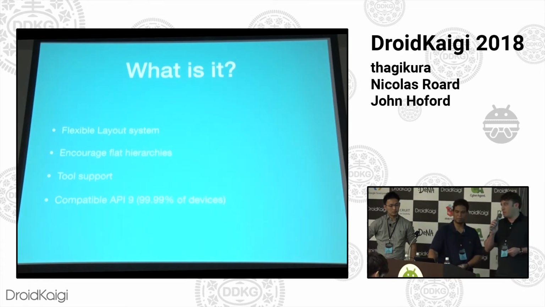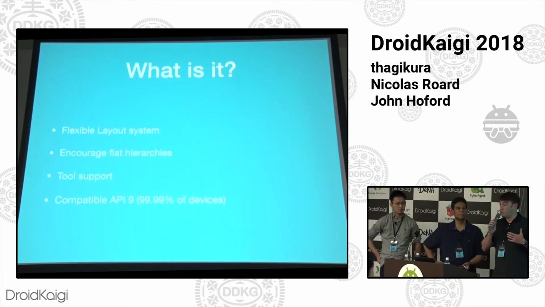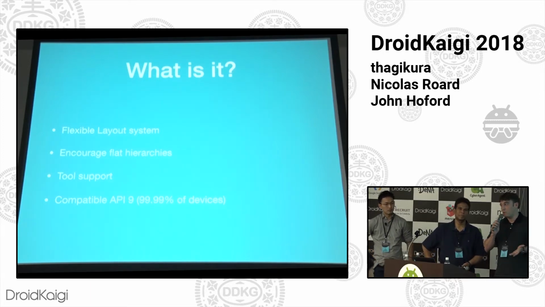So the idea with ConstraintLayout was twofold. One, create a library that was a separate library, a support lib, because that means that we can actually deliver new versions anytime, which is great for us, but it's great for the developers as well, because that means that you are in control when you want to update to a new version.